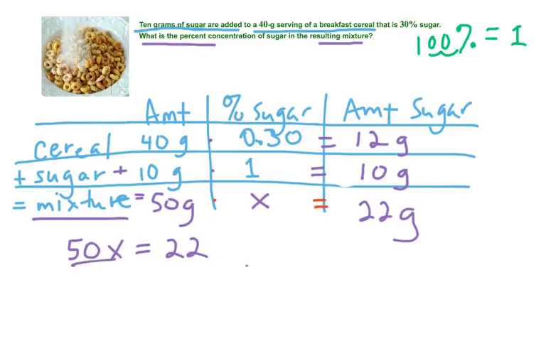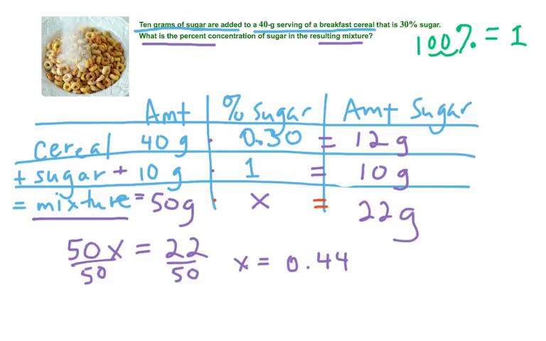So we divide by 50. At this point we do want to pull out a calculator because we want a decimal. We're going to round it off to the nearest hundredth, so that we get a percentage rounded to the nearest 1. 22 divided by 50 is 0.44.